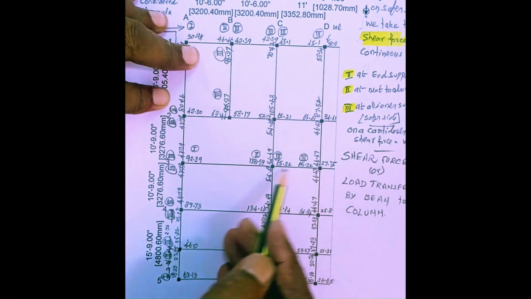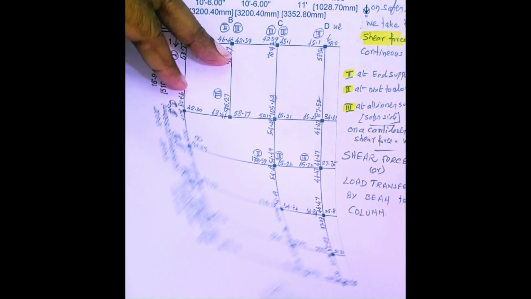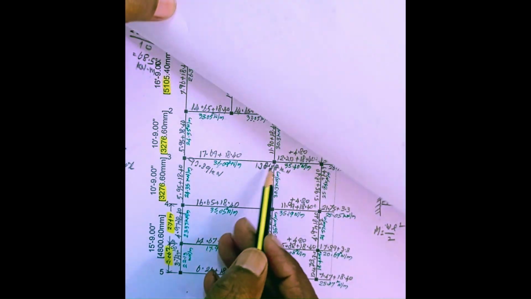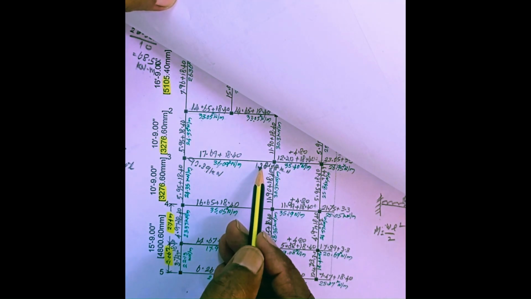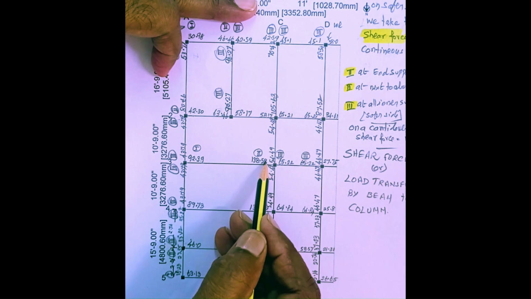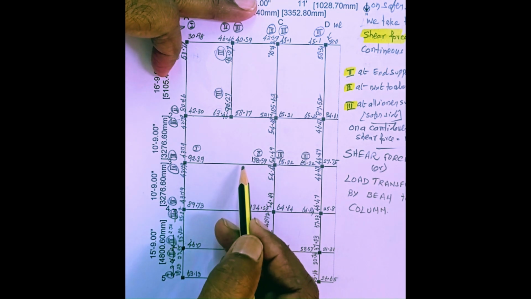For this beam, in the previous sketch we calculated that this is 92.39. I have put it here. This end reaction is 138.58 kilonewton, 138.58 kilonewton I have already written on this drawing.